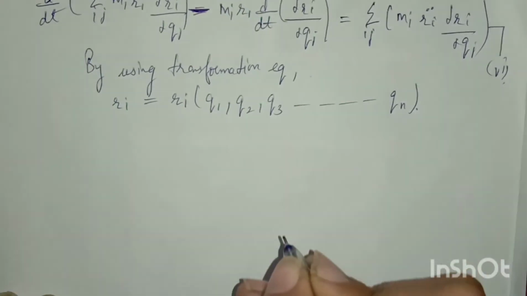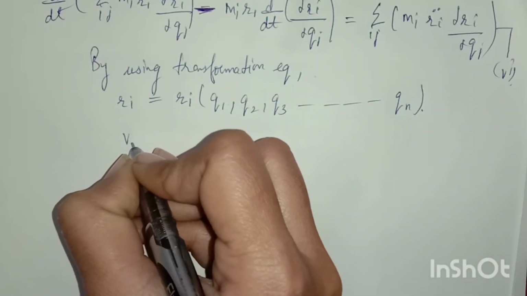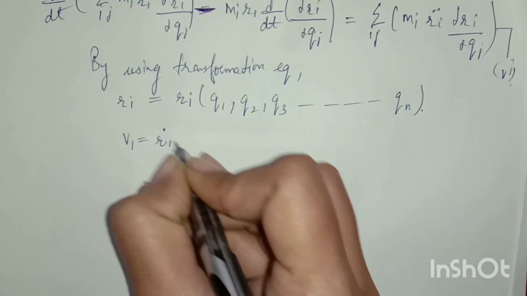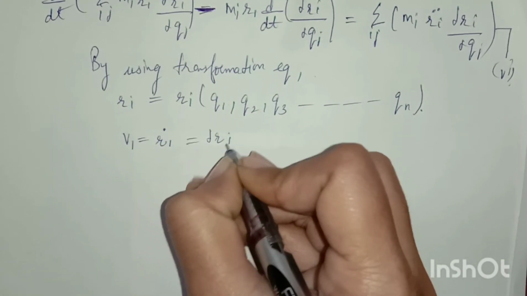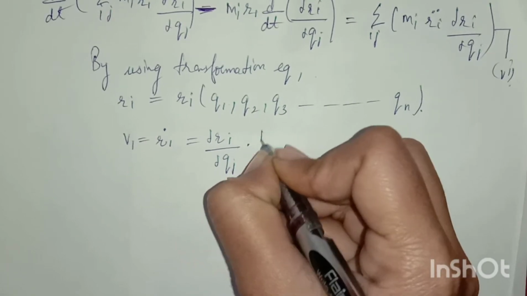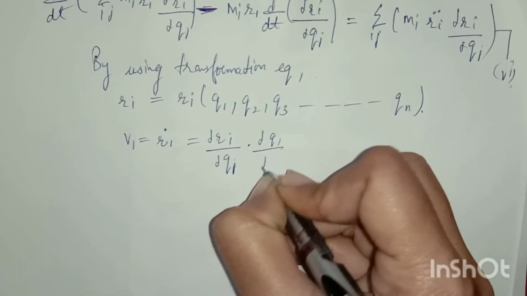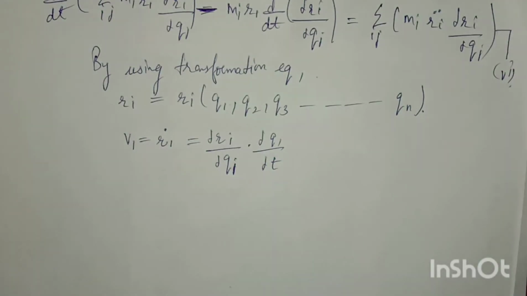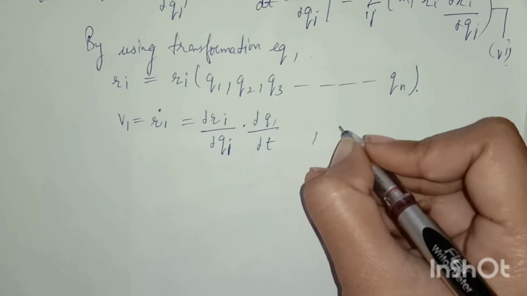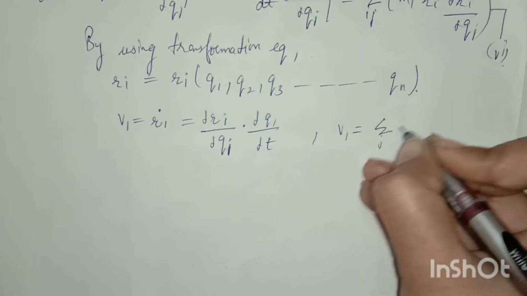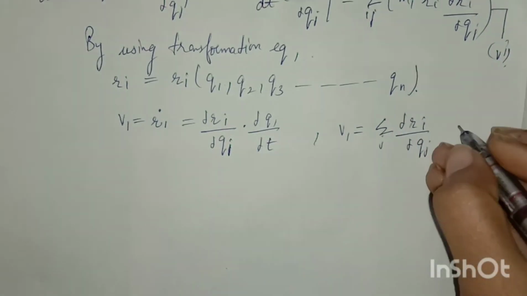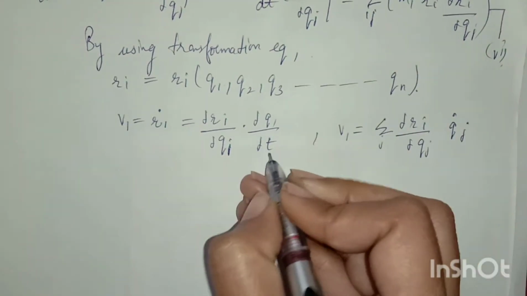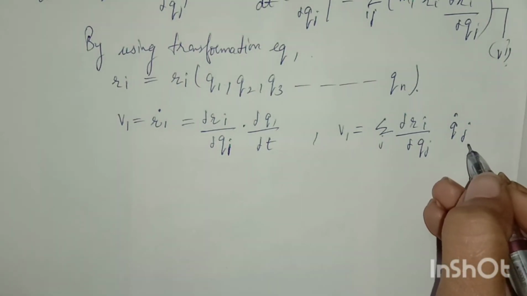Then we can write velocity vi is equal to Ri dot, which is equal to the summation over j of ∂Ri upon ∂Qj times ∂Qj upon ∂t, which is Q dot j in terms of classical mechanics.